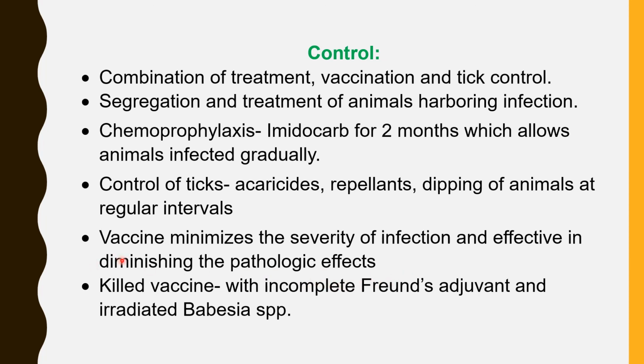So this also helps. The killed vaccine with incomplete Freund's adjuvant and irradiated Babesia species is used. So control can be achieved by systematic treatment, vaccination program, and effective tick control program.